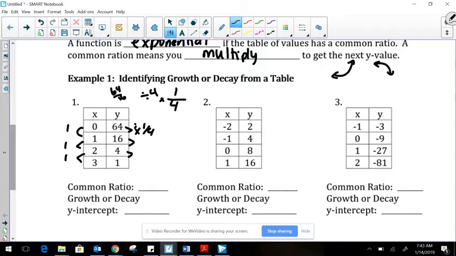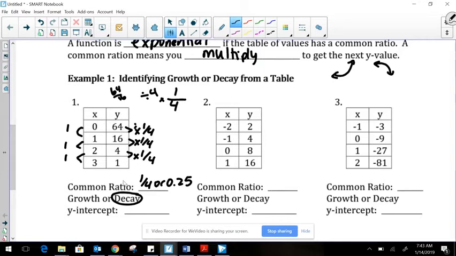Then to go from 16 to 4, again, I'm multiplying by 1/4 or dividing by 4, same thing. So our common ratio is 1/4 or 0.25. This would be decaying. It's getting smaller. The numbers are decreasing as we move down the table.